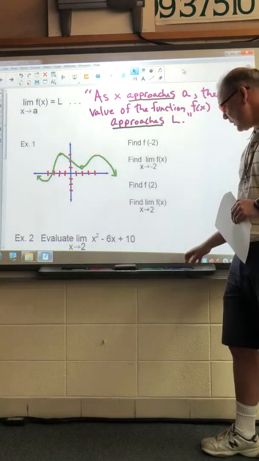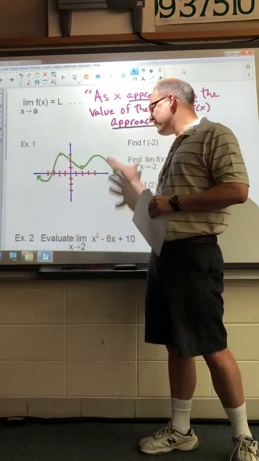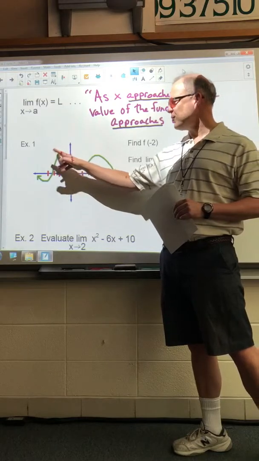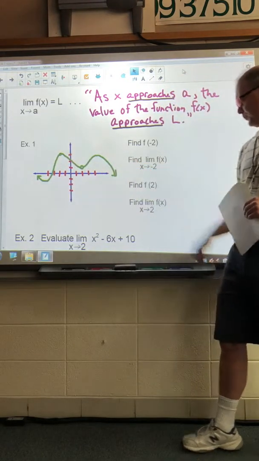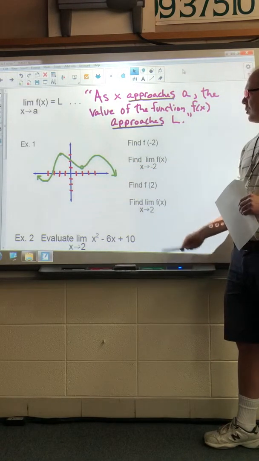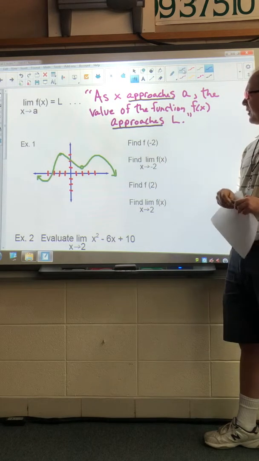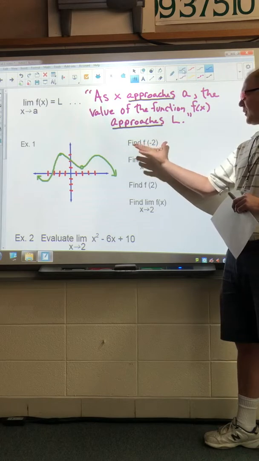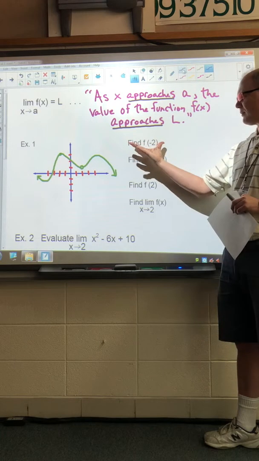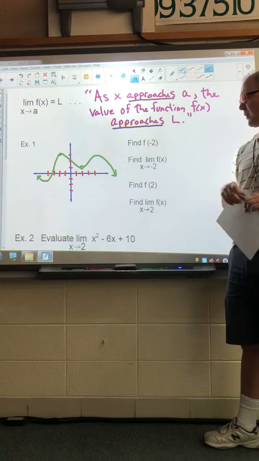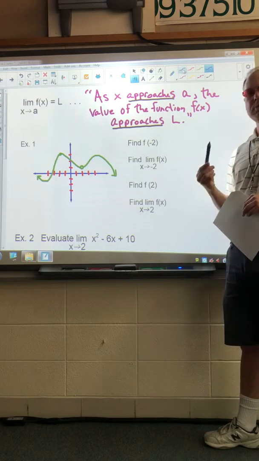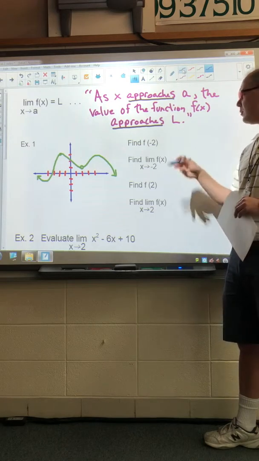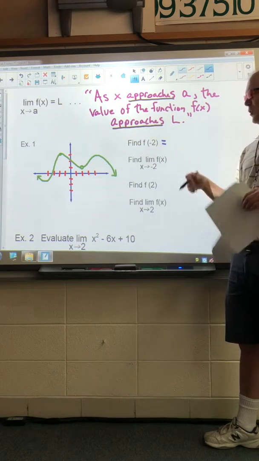Okay, so we have a graphical example here. This is just some random function, f of x. The first part says find f of -2. That's not a limit, that's not calculus, that's just basic algebra. When the x value is -2, what is the value of the function, or what is y?